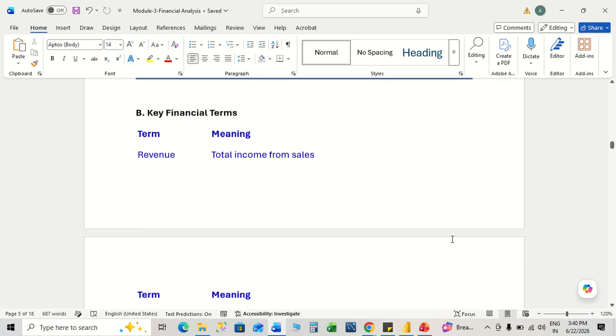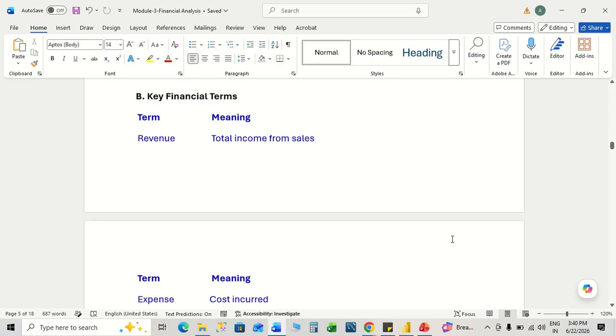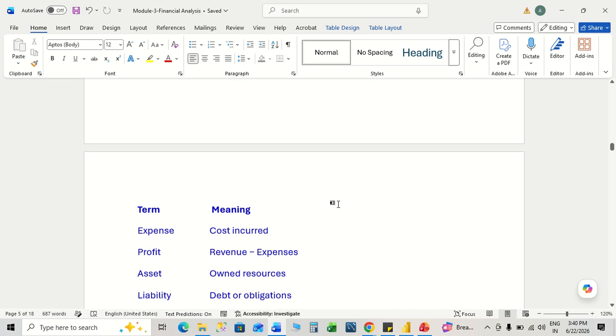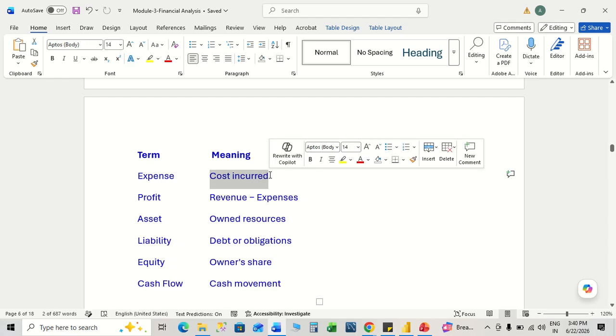Okay, fine. Then point B is key financial terms. We have to understand these terms and their meanings. Revenue: what is revenue? Total income from the sales. That is called revenue. Expense: cost incurred, meaning we have to spend this.